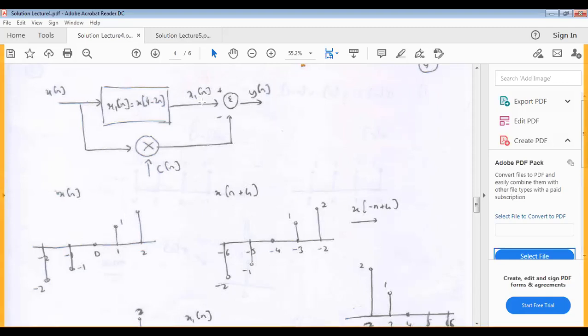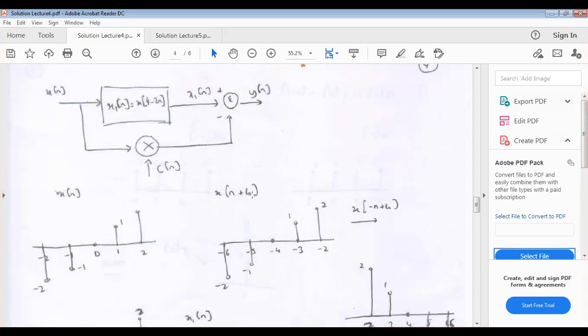Right, so now our task is to find x1[n], because this is what is requested in the question. x1[n] can be obtained if we operate on x[n] based on these operations. It involves three operations: a time shift of 4, a scaling of time by 2, and a reversal of time. So we start with the time shifting.